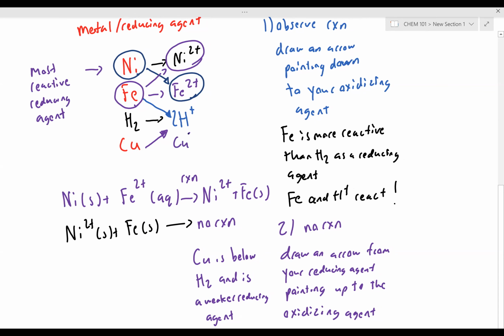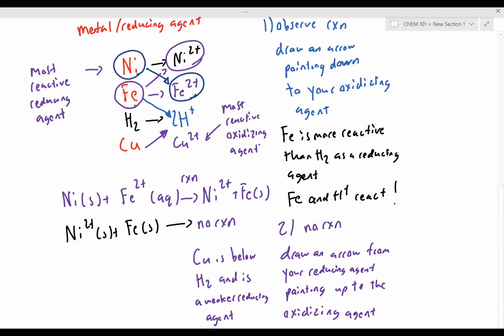Likewise, copper 2+ is our most reactive ion, so this is our most reactive oxidizing agent. And that is what you're doing today.